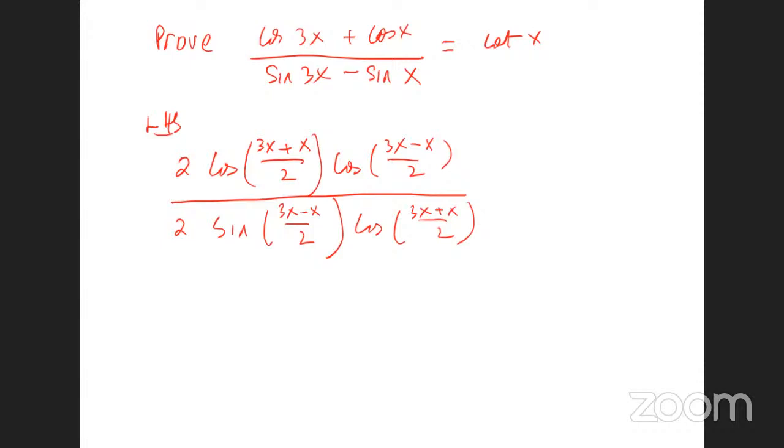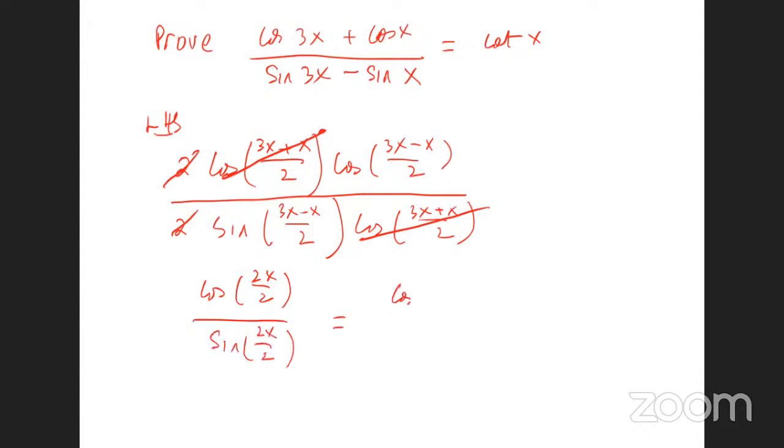Sorry about that. This 2 will cancel with this 2. And you will get 3x minus x is 2x over 2. The 2's will cancel, so you'll get cos x over sine x.